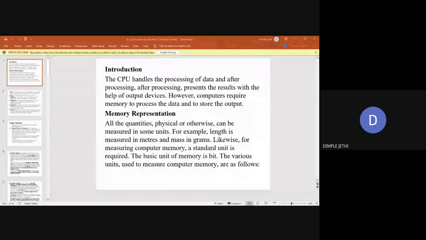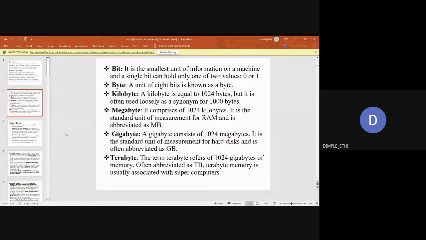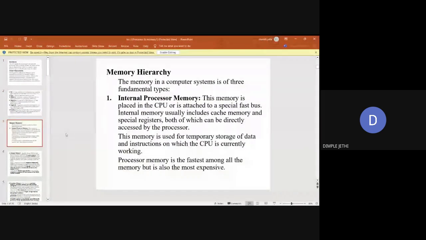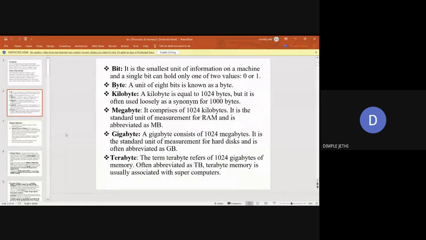So yesterday we started memory representation, right? And I told you to find out what units we have after GB and TB. Anybody studied that? I told you to study what memory unit we have after TB. It is not limited to TB only. We can measure memory capacity in units bigger than TB also. What is that? I told all of you to study and go through this.